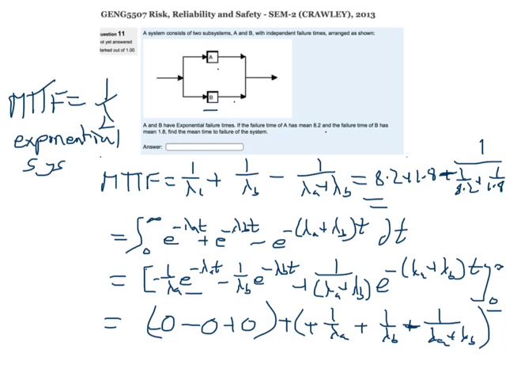That gives us 8.524. And that is the answer.